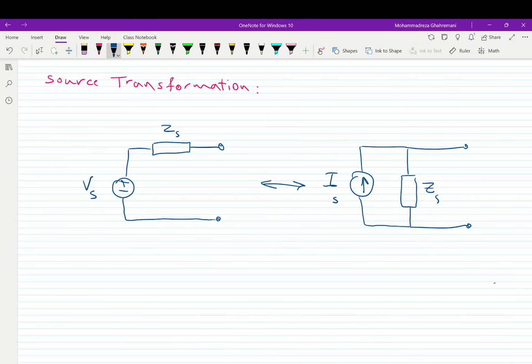Okay, these two circuits are equivalent.